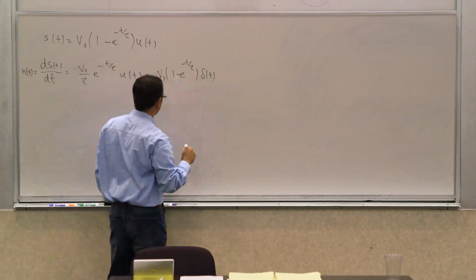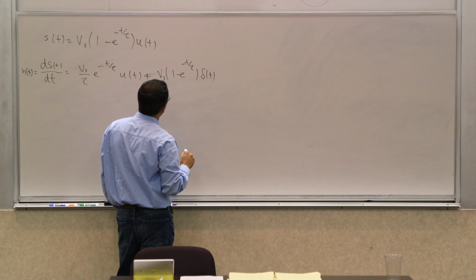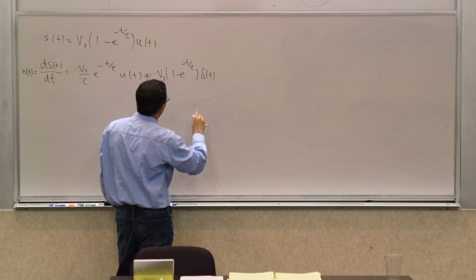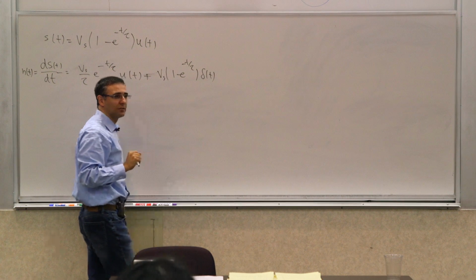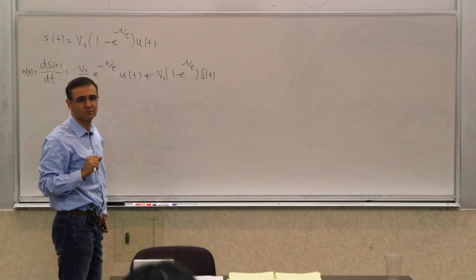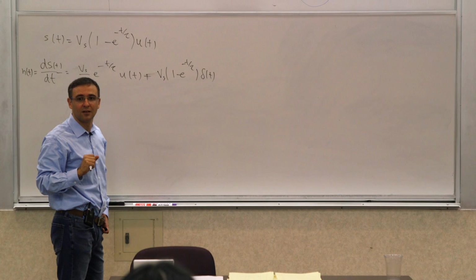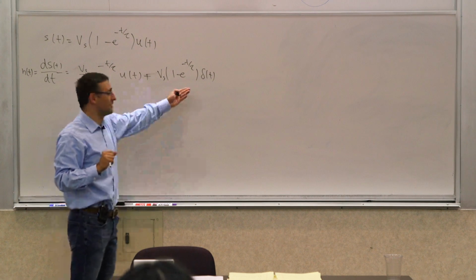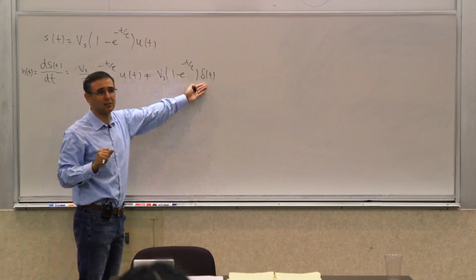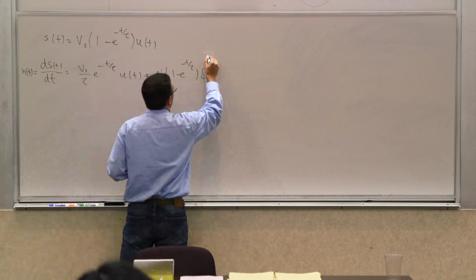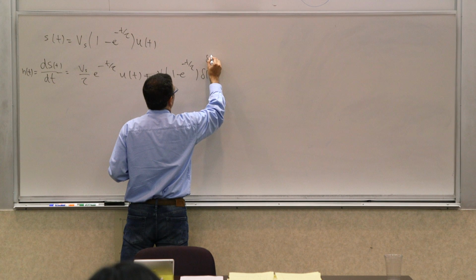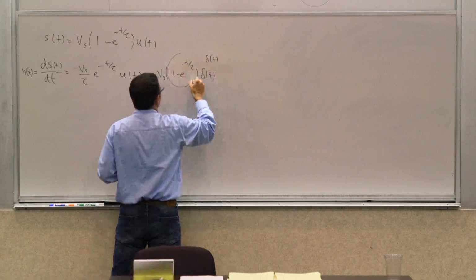So this first term is a reasonable term. Let's look at this one. What is this term at all times other than t equals 0? It's 0. Why? Because it has delta. The delta is 0 at all times other than t equals 0, so I don't have to worry about it at any other time. The only thing I need to evaluate really is delta of t around 0, and then this evaluated at 0.